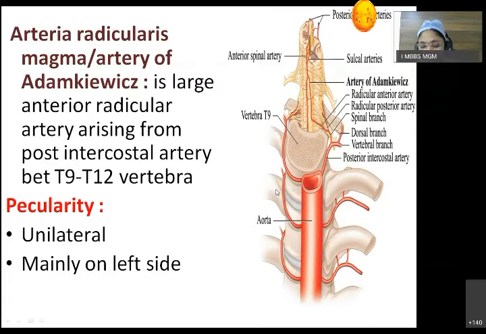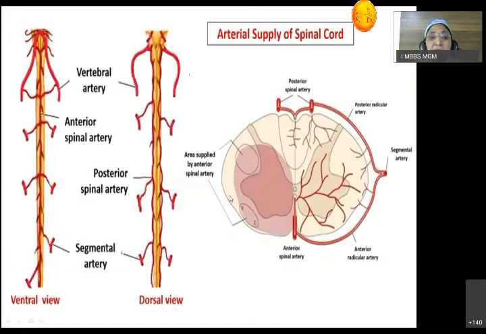Now, if you see the entire course of the spinal cord, here you can see anteriorly the cord is supplied by the anterior spinal artery, posteriorly by the posterior spinal artery, and again the anterior and posterior spinal arteries are reinforced by the segmental arteries through radicular arteries.